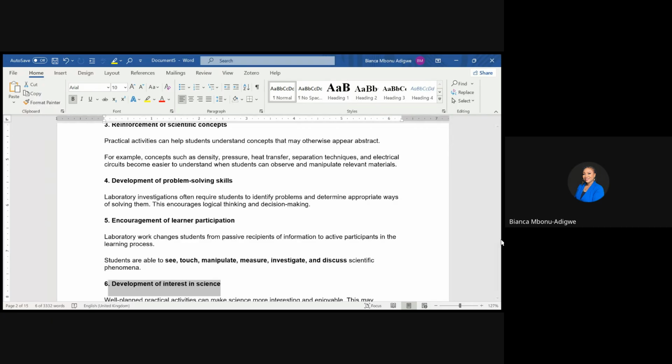Okay. Yes, the laboratory can help you develop interest in science. Can the laboratory also make you not like science? Is that possible? Chike, is it possible for the laboratory to make you not have interest in science? Unmute your microphone.